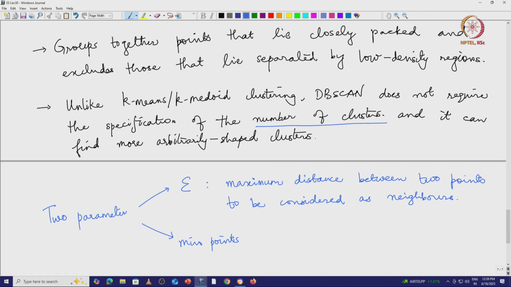Okay, so that is epsilon. So, if 2 points are spaced more than epsilon apart, then they are dissimilar and they will not be considered neighbors. And then this min points is the minimum number of points, obviously within epsilon distance, the epsilon that was defined above, to form a dense region.